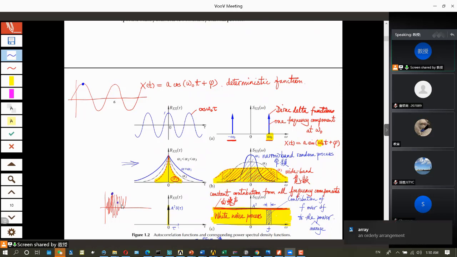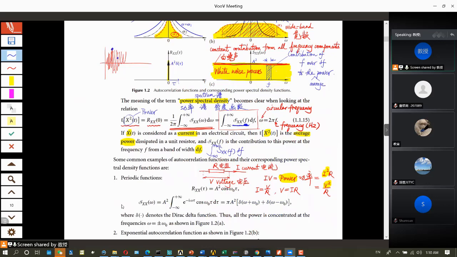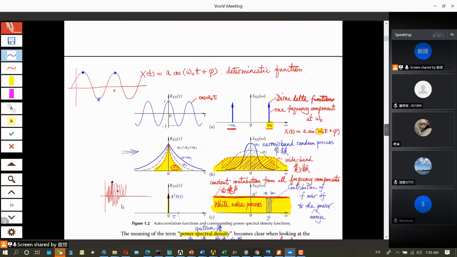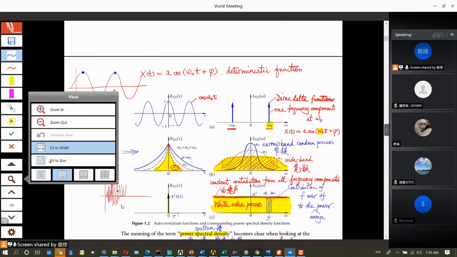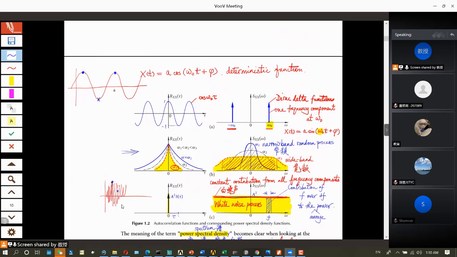And after a period, they are perfectly correlated. Now after half a period, the correlation is -1. So you can see the correlation function is also a harmonic function, but it's independent of the phase angle.